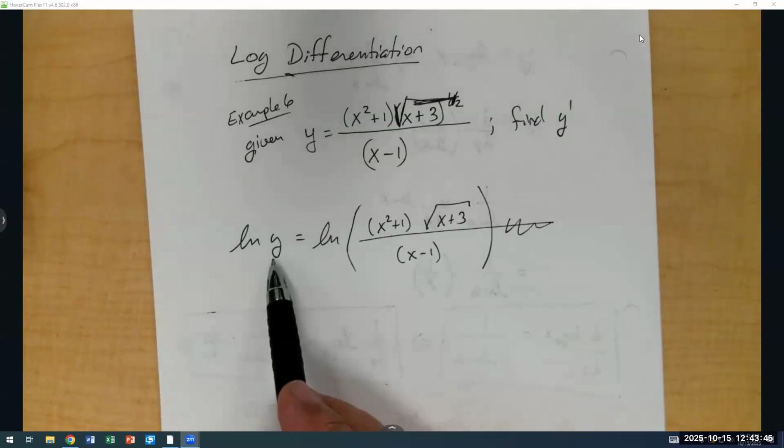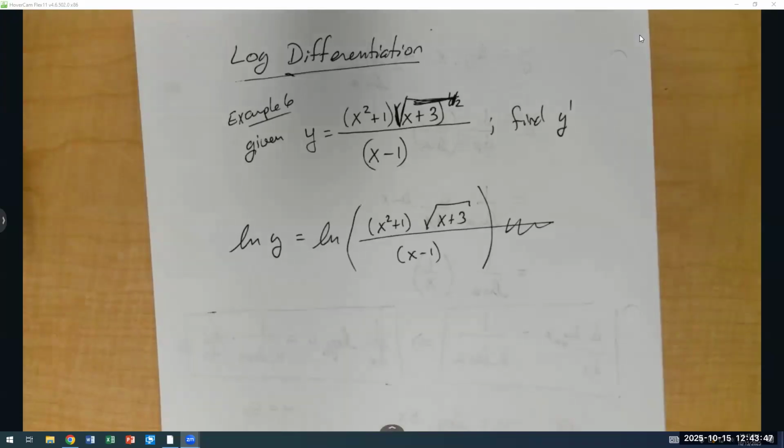so what's the derivative of ln y? What's the derivative of ln x? 1 over x.